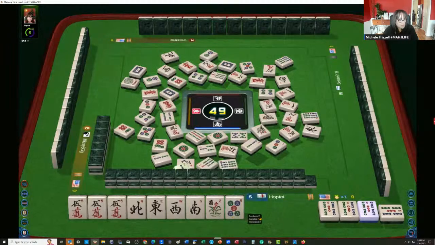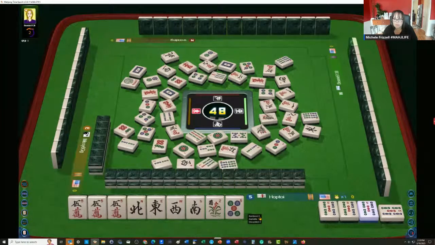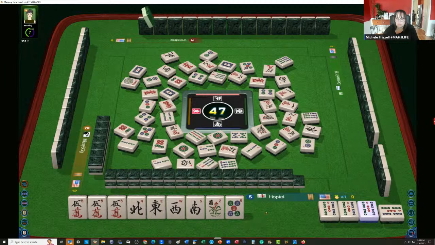2 bam is out. 2 bamboos. We need a flower. 2 dots. Okay, I suppose it'd be nice if we can get our 5 bam back. 2 characters.